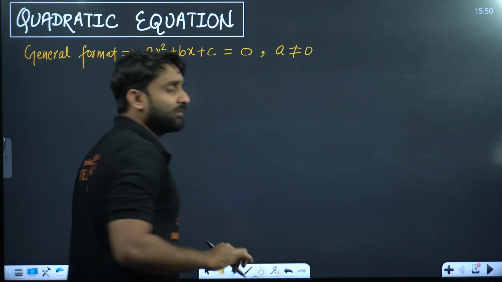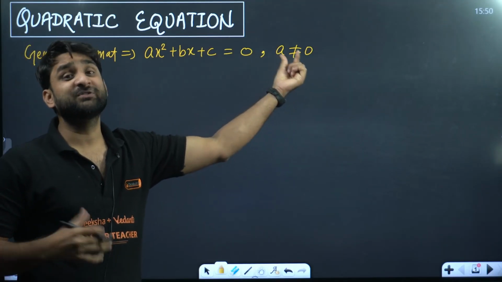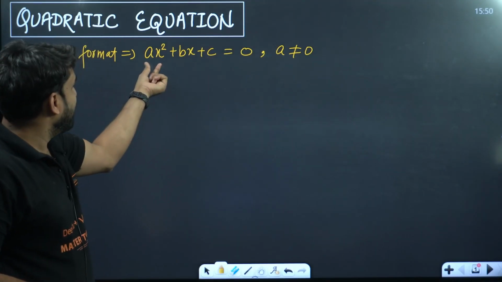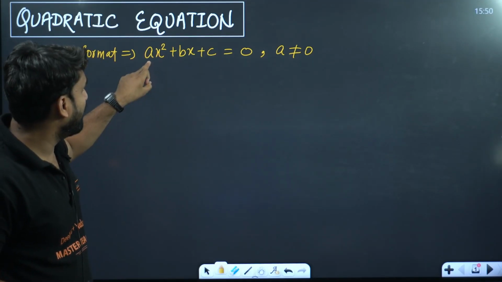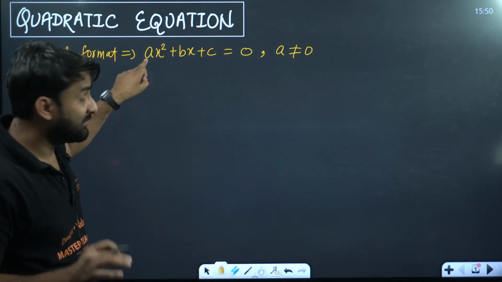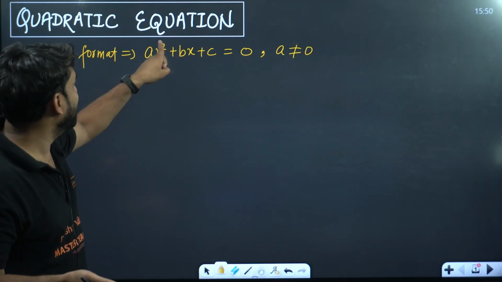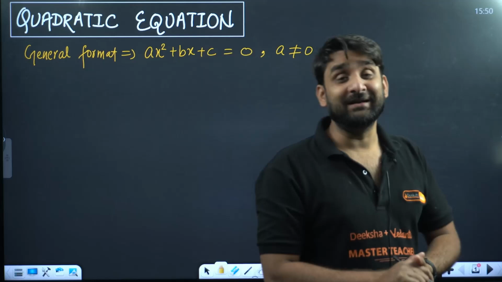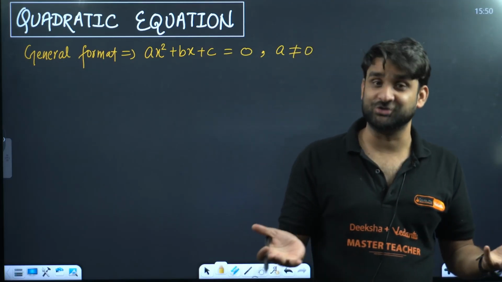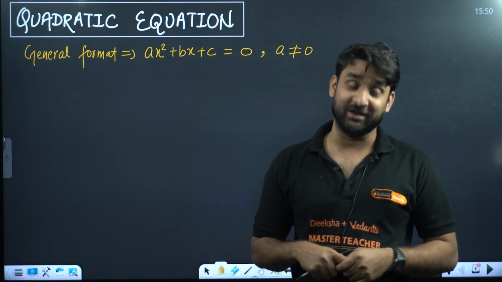Why? Just imagine, if a will become 0, the identity of x square will be vanished, because if the coefficient, the number which is attached with x square, will become 0, so the entire x square will become 0. So we can't call this equation as quadratic equation.